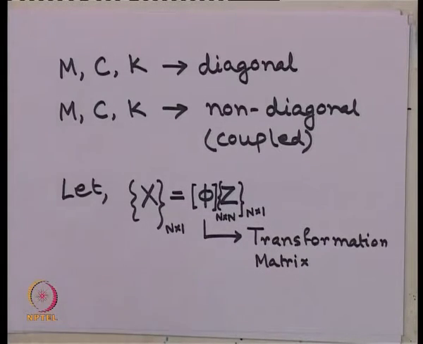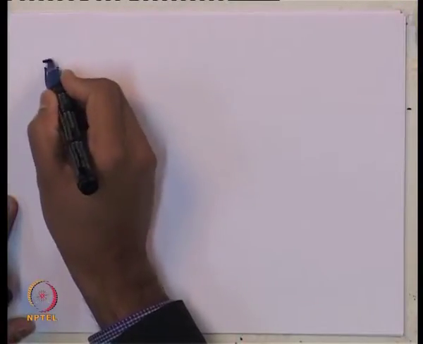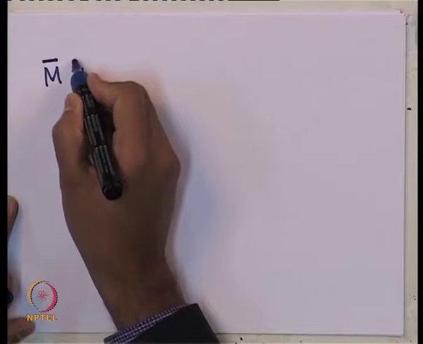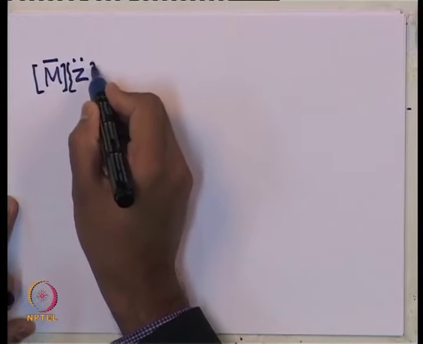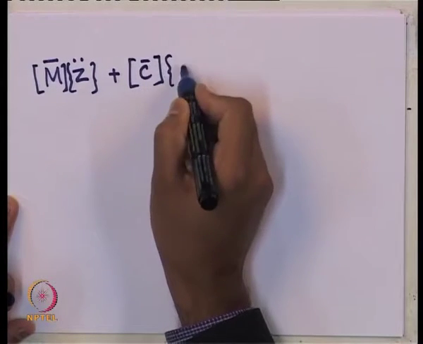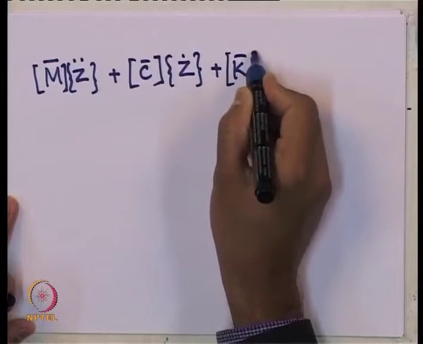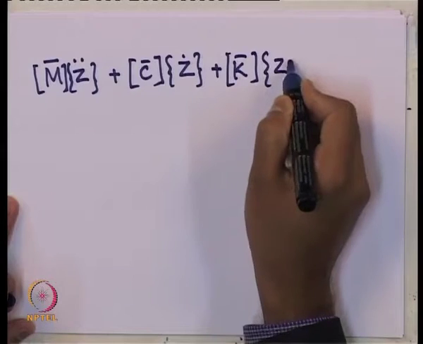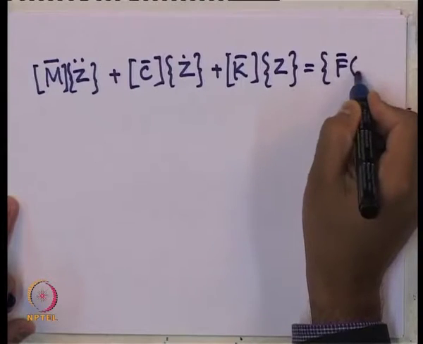With the transformation of the system, our new equation of motion takes the shape of M bar z double dot plus C bar z dot plus K bar z equals vector F bar of t.